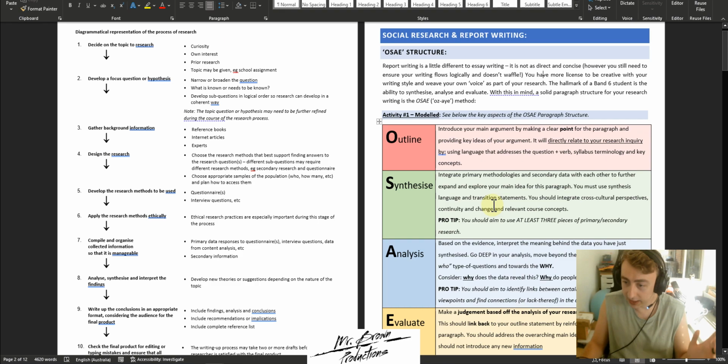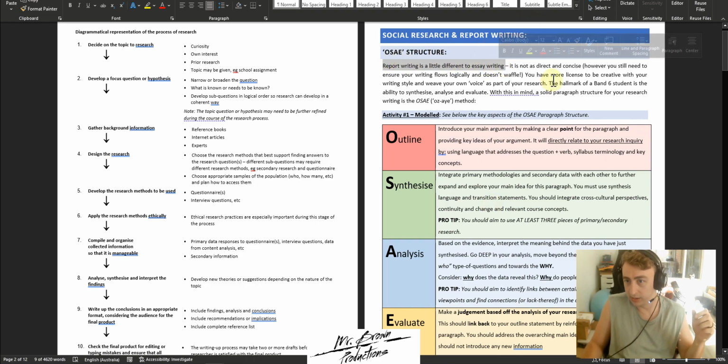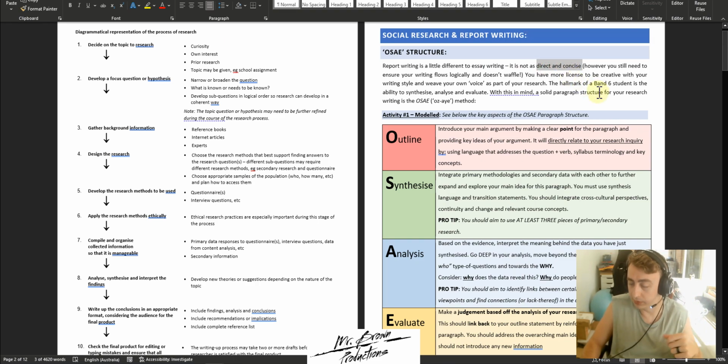Alright. So with that out of the way, report writing is a little different to essay writing. It's not as direct and concise as what we've looked at in term 1. However, you still need to make sure that your writing flows logically and that you don't waffle on, okay? In report writing, you have license to be a bit more creative with your writing style and weave your own voice into your report, so to speak.